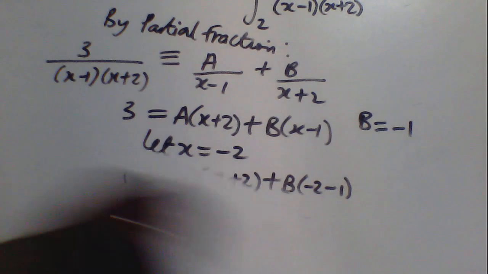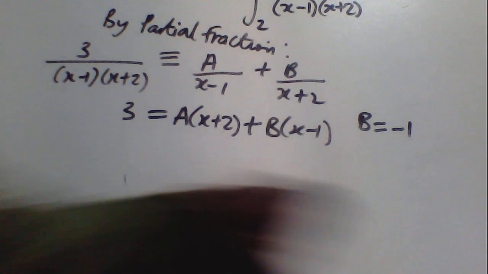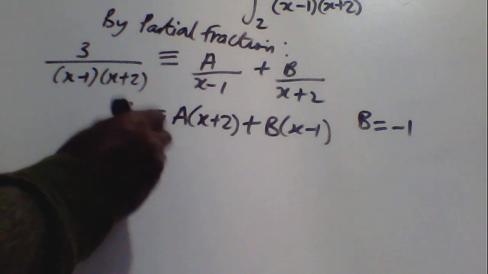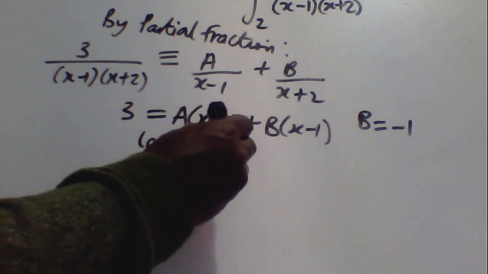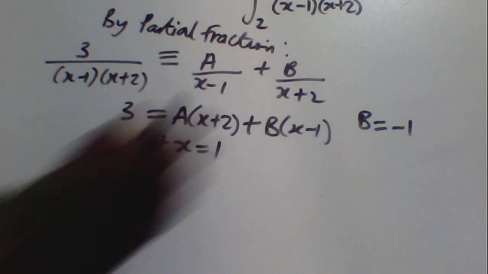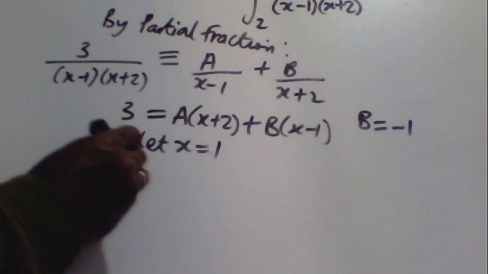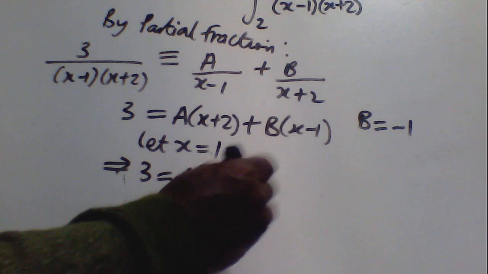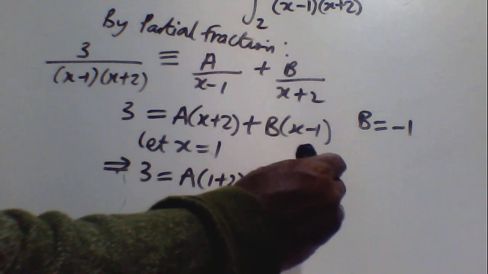Then let's clean here. The next is to find the value of A. So let x equal 1 so that the B term will be equal to 0. In this case, we have 3 is equal to A(1 plus 2) plus B(1 minus 1).